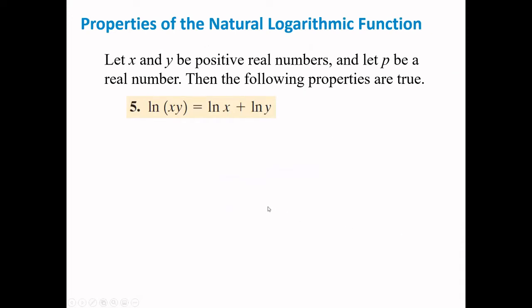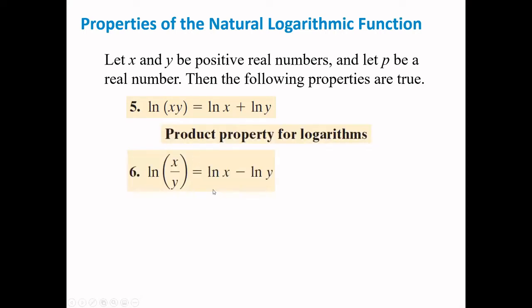Here is some more review. If we take the natural log of 2 variables multiplied, we break them out with a plus. All we're doing differently here is showing natural log rules compared to log rules, but as you see, they work exactly the same way. There is no difference whatsoever.